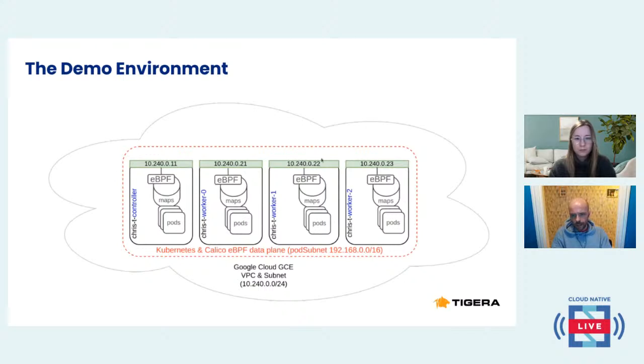So in Calico, there's this thing called the Typha daemon, and a couple of instances run on different worker nodes. It's basically a service that sits between the Kubernetes API and the resources that need to talk to it. And that's the first thing that we can monitor with the eBPF data plane and Calico. So we'll be monitoring Typha.